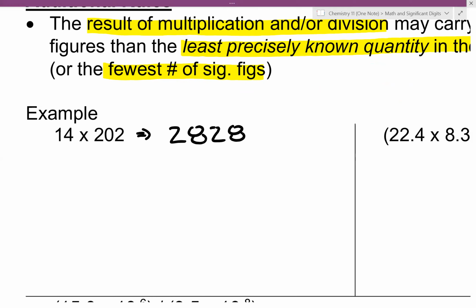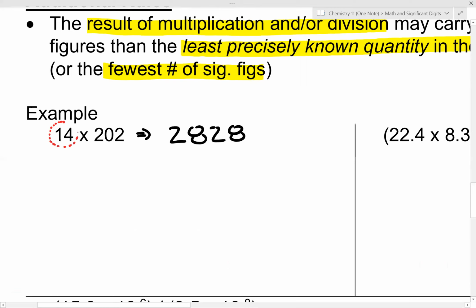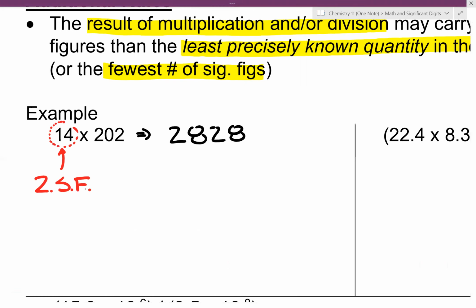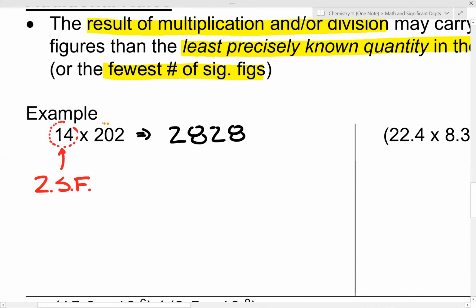But now what you need to do is take a look at the original numbers. The 14 here has 2 sig figs. The 202 is 3 sig figs.